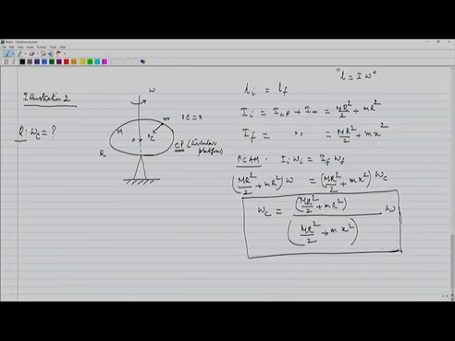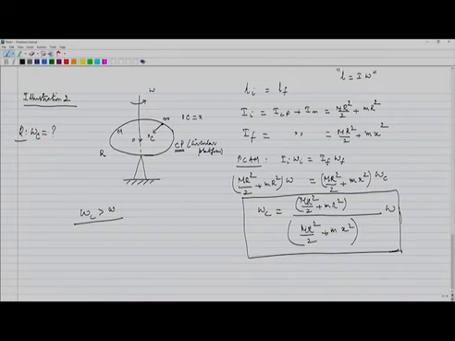Now it is clear that omega c is greater than omega. That is because look at the numerator and denominator. In the denominator you have a smaller quantity, x squared. Therefore, omega c is going to be greater than omega.